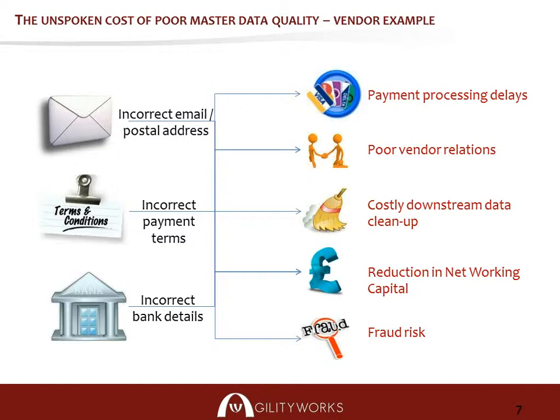Often data has what we're calling here an unspoken cost, so it can be hard to measure. One of the things we want to show today is the value you can add when you start to look at the problems an organization faces and measure the data quality using a data quality tool. Organizations can often recognize there are downstream impacts of poor master data quality, but it can be hard to evaluate what those impacts are.